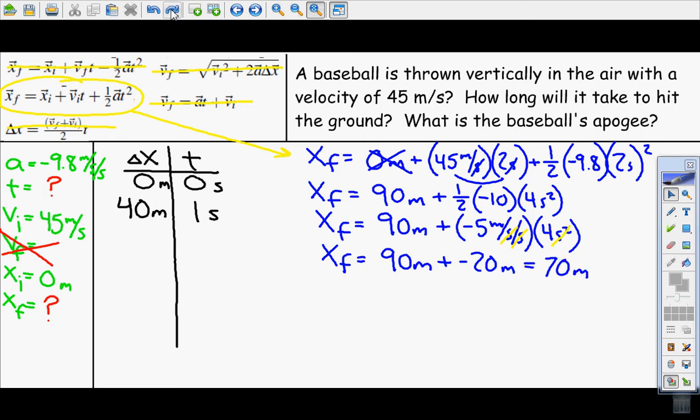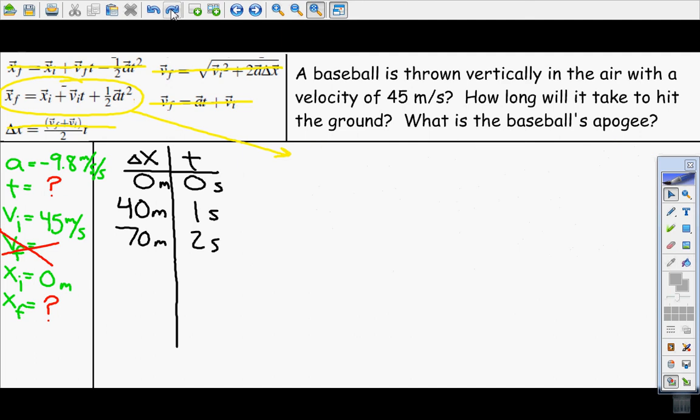And that gives me positive 70 meters. This is looking pretty good, because I'm seeing that in 2 seconds, it's risen up to 70 meters upwards. So this seems to indicate that the projectile is leaving my cannon and traveling further and further away into the sky.